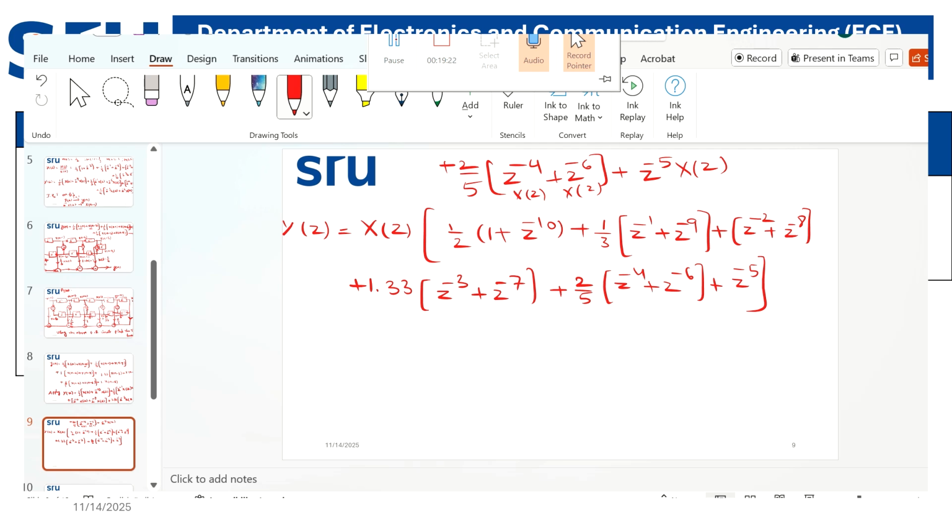Now this is in terms of multiplication. Take it to the LHS side.